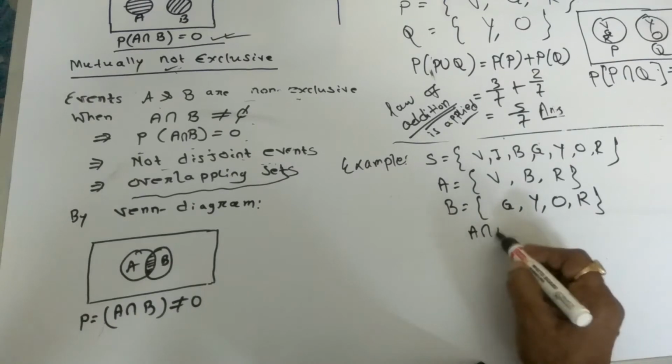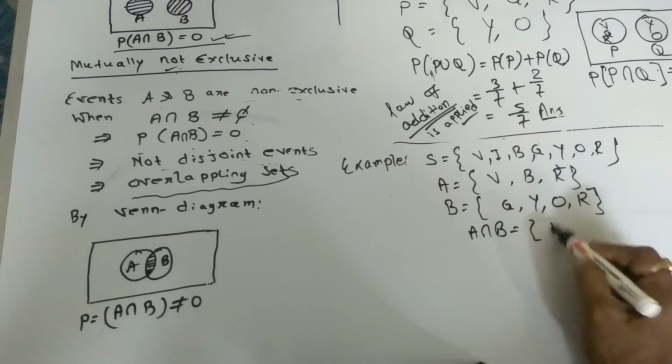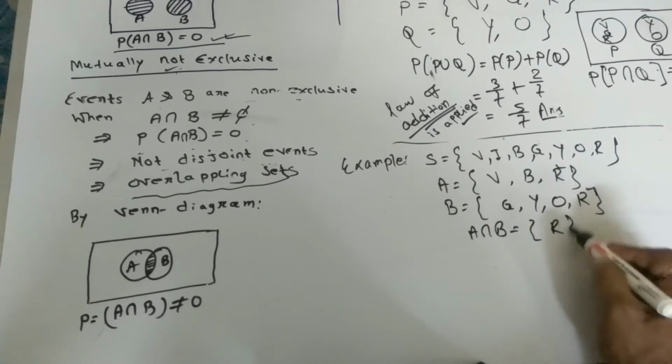So there is a common color, red, so it is overlapping. Overlapping means there is something common.